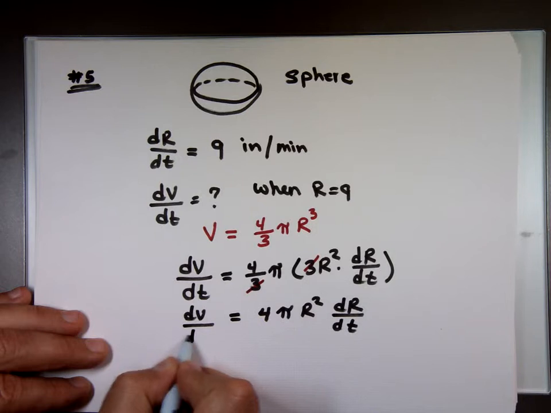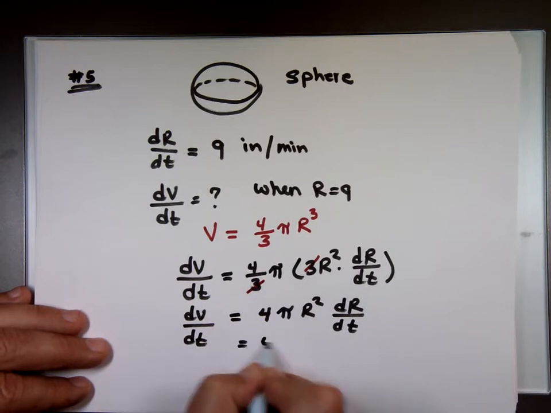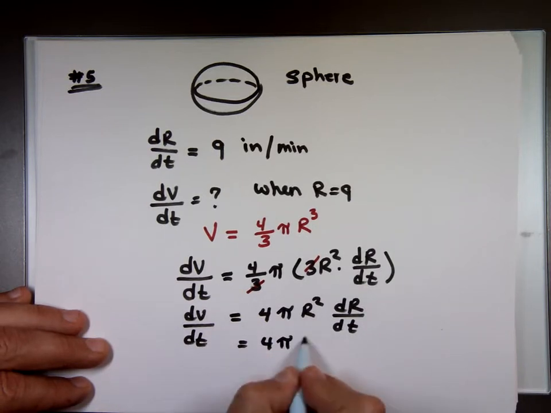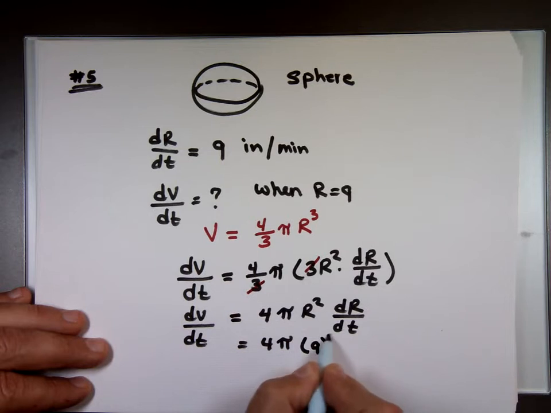Fill in the blanks now. 4 pi. Do we know what r is? 9. Square it.